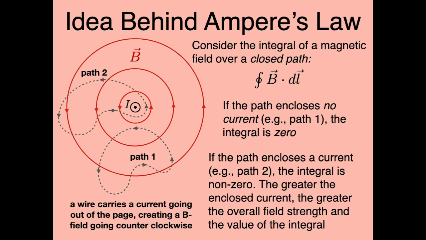That really defines the idea behind Ampere's law: if I take the integral over a closed path that encloses some current, I'm not going to get 0, and I'm going to get something that can help me calculate what the magnetic field is. I'm going to sketch this out in a little more detail on the board in a second. So let's go into that.